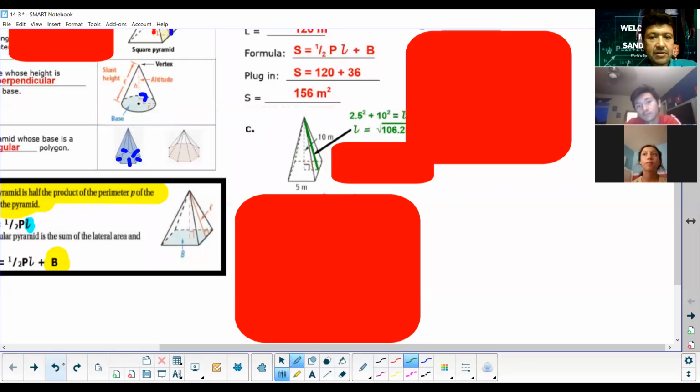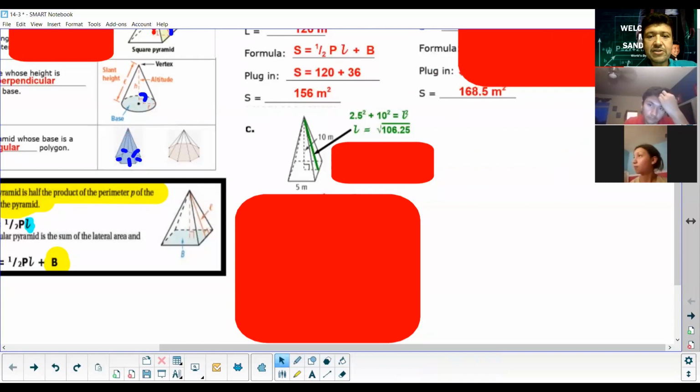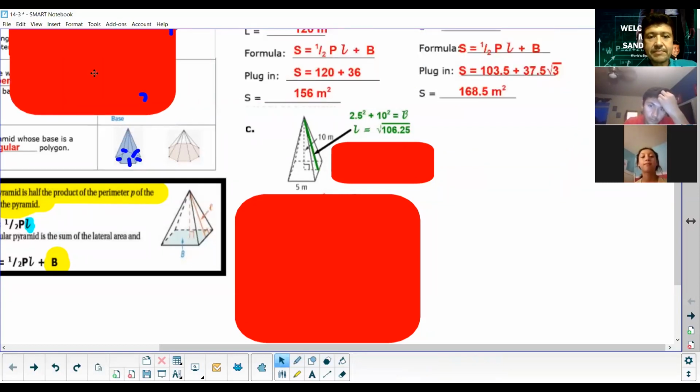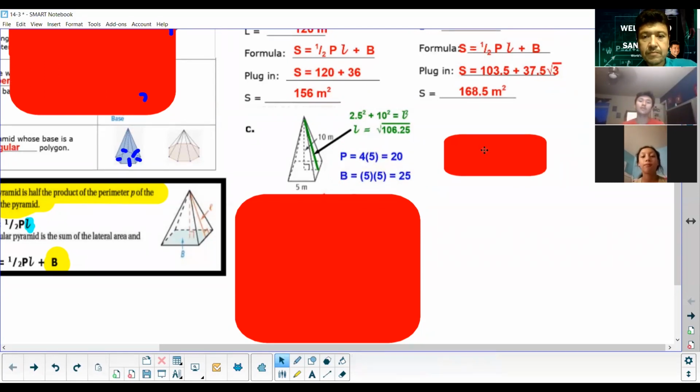Okay, so let me move this out of the way. So we have side length, Marcus. Lead us through. How do we solve the rest of this? Okay, well, you do perimeter times slant height, which would be 20 times the slant height. Yeah, you did 4 times 5, because in this case you're finding the perimeter of the base.